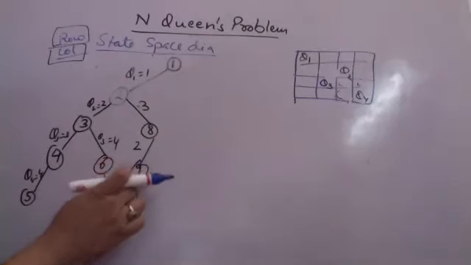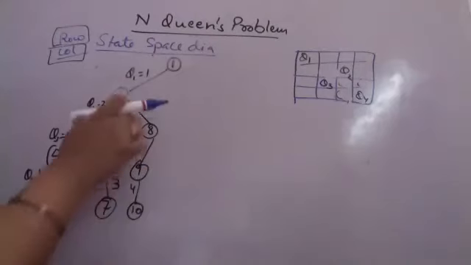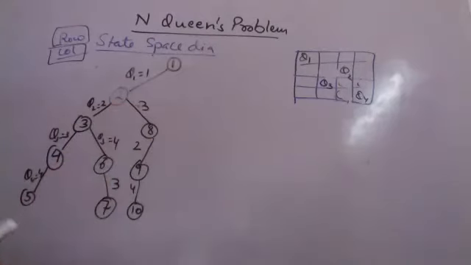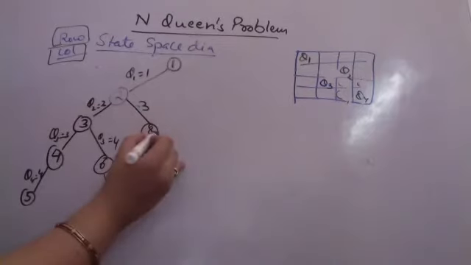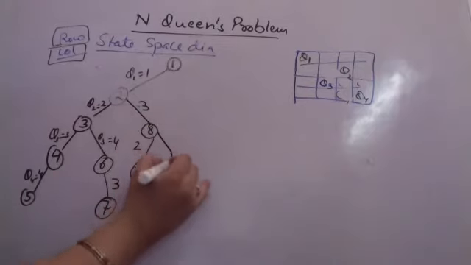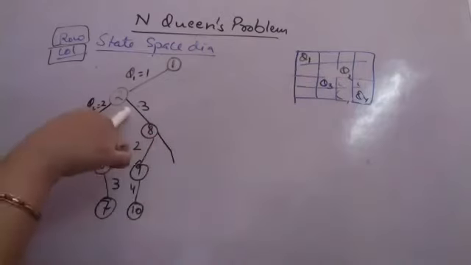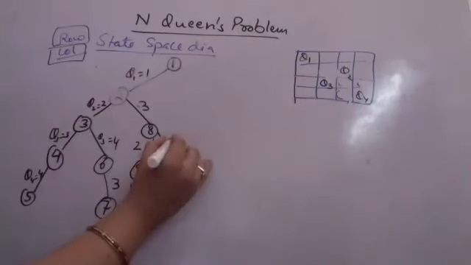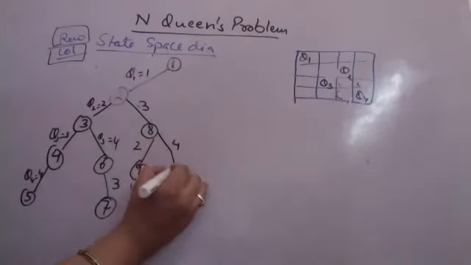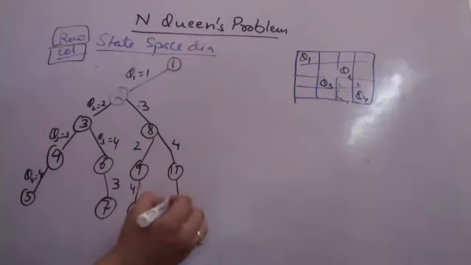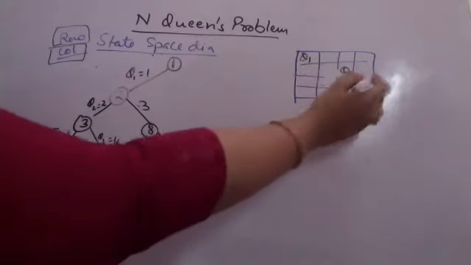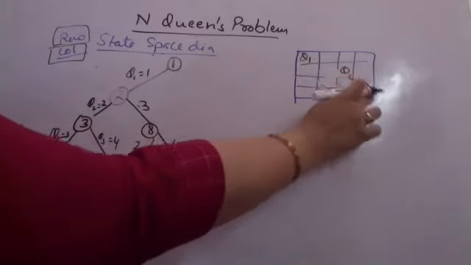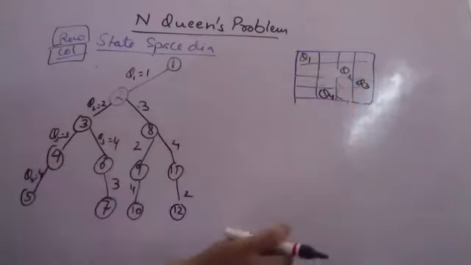Again backtrack, no more position of queen 4 is possible, change the position of queen 3. Column 3 is not possible, Q2 is already in column 3. So you change it to column 4 and then Q4 will come in column 2.